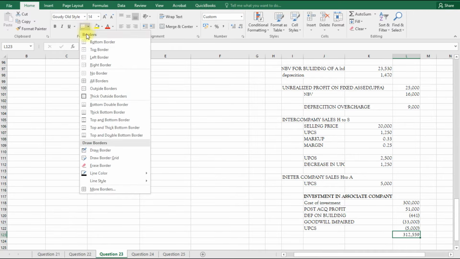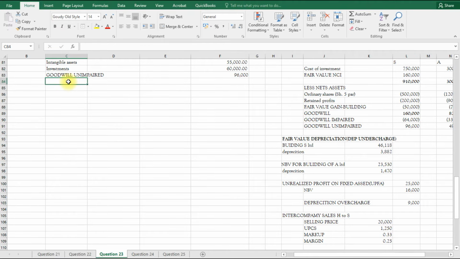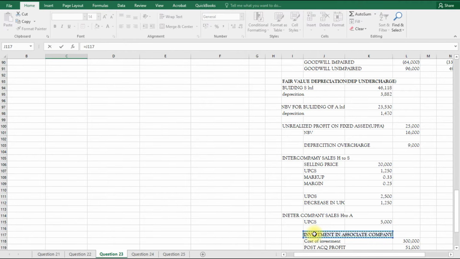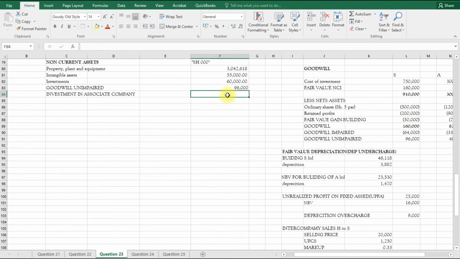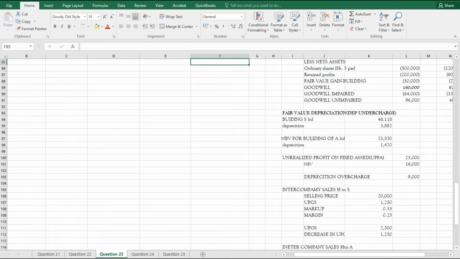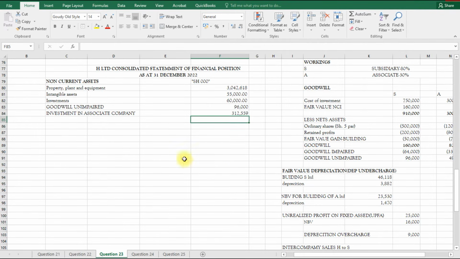You can use top border, and I can use bold, this is the value of investment in associate. So I'll come here in my statement, I'll put equals to investment in associate, I enter that, and the value of our investment in associate is that value. So you can get the total here, alt equals, and I enter, that will be our total non-current asset.